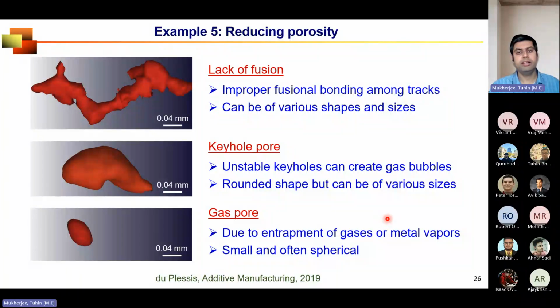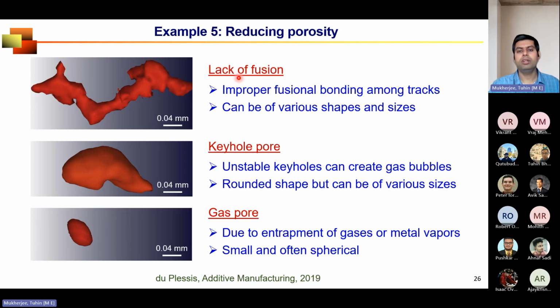If you are doing powder-based additive manufacturing, most commercial powders are made by gas atomization. That means you use a high-power gas jet to atomize the powders. During that process, some of the gases can be entrapped in the powder you are starting with. Those gases come out during the process and create gas pores.